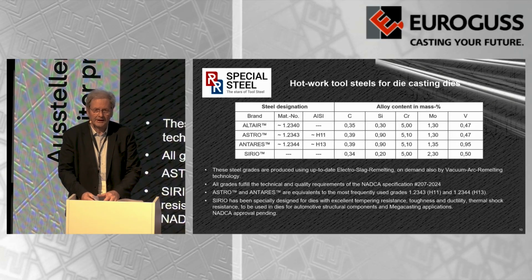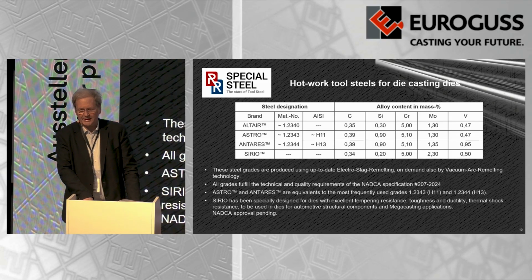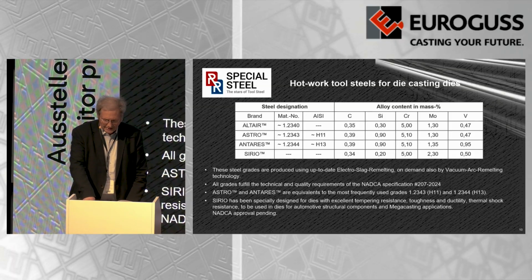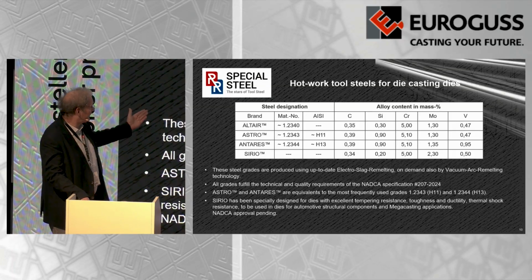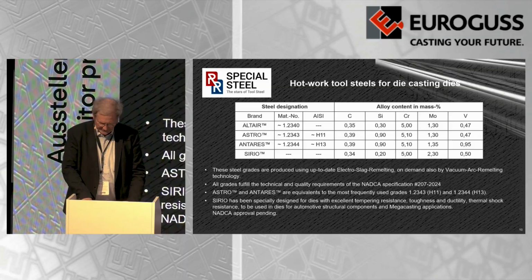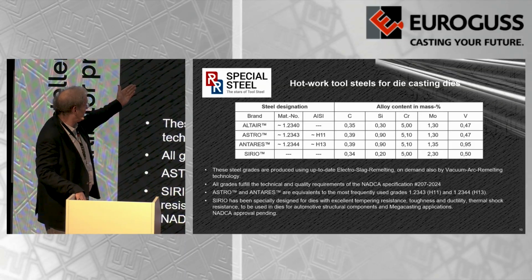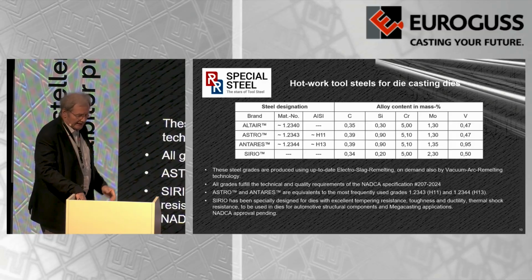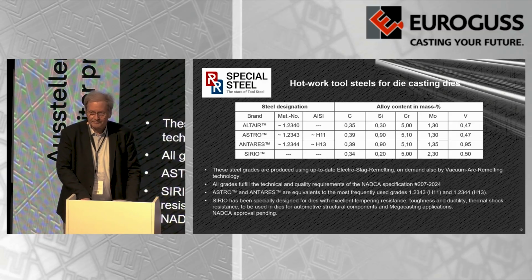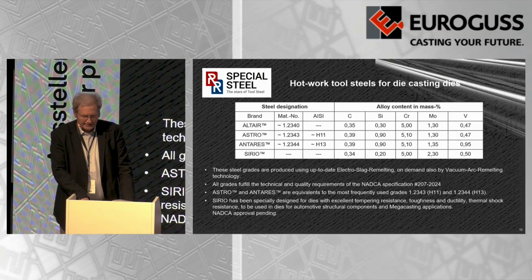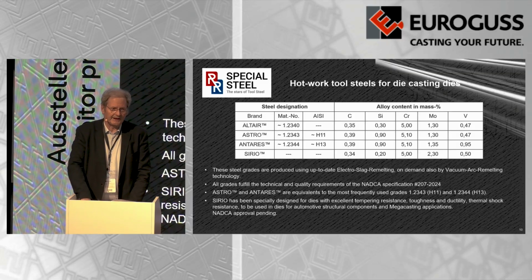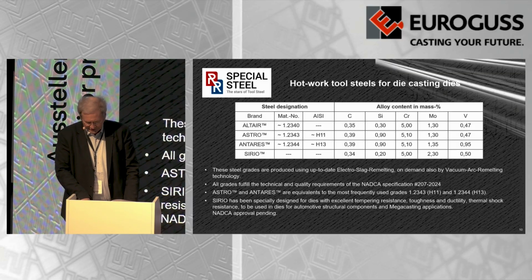How can RR special steel support the die casting industry, especially in mega casting? This table introduces the 4 grades that we produce for the die casting industry. The grades are Altair, Astro, Antares, and finally Sirio. These grades are produced using up-to-date electroslag remelting technology.